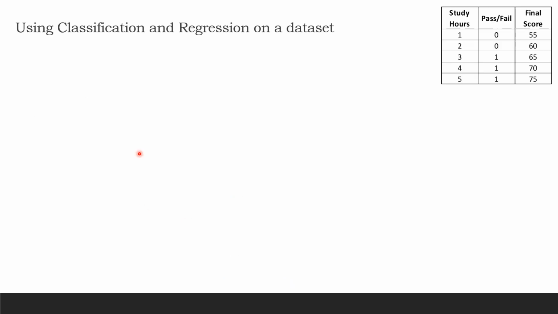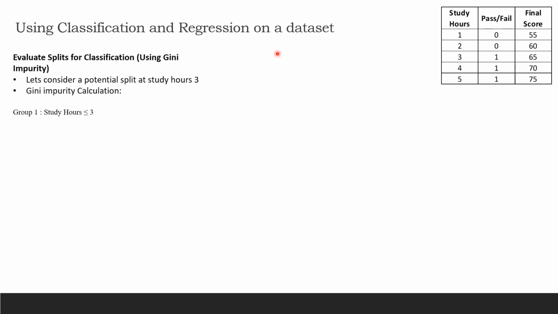Now we have seen how variance reduction happens, and how variance is used for regression tasks to get that split criterion. Now we'll see how both regression and classification are done on a data set in this CART algorithm.